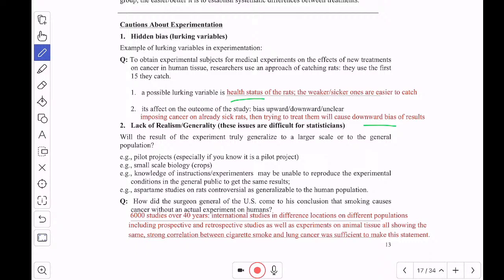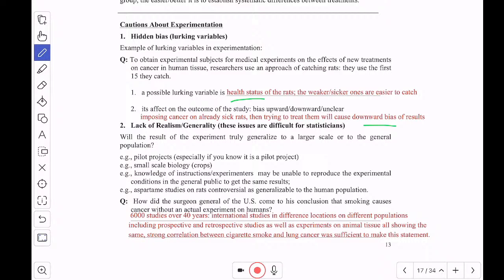In conducting experiments, in addition to controlling against confounding effects and lurking variables through using the 3 R's, representation, randomization, and replication, you also want to make sure that your study translates for the general population, or to some general population.